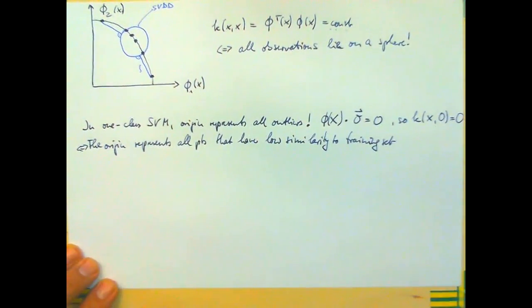Now in this one class SVM, there is no talking about balls or anything. Here we just have a hypersphere and a hyperplane, and we want to maximize its margin.